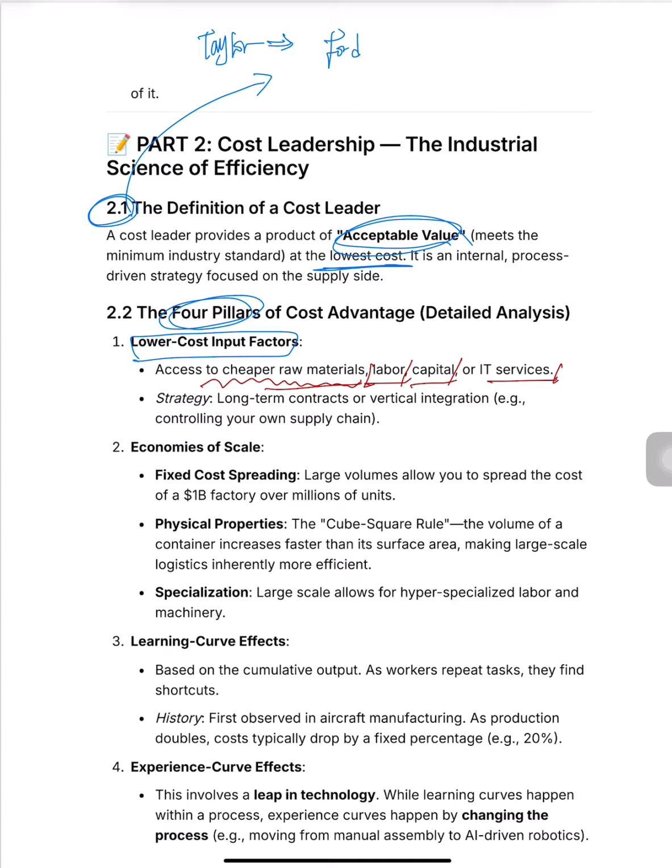This is not merely a matter of negotiating harder. It requires building structural, often irreversible advantages as well.